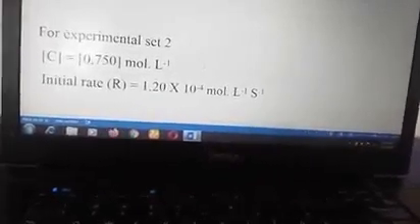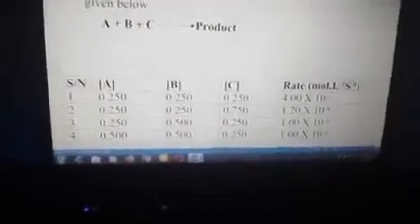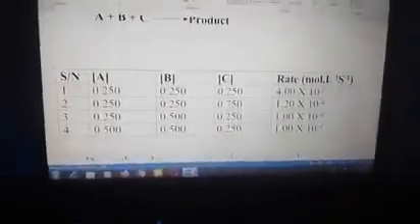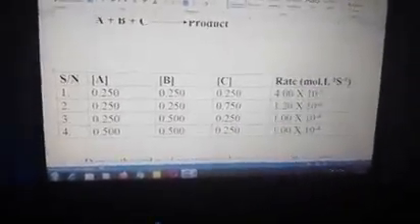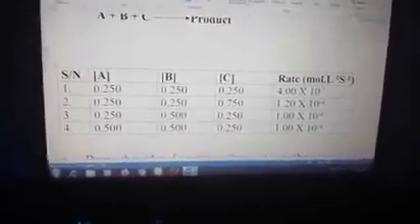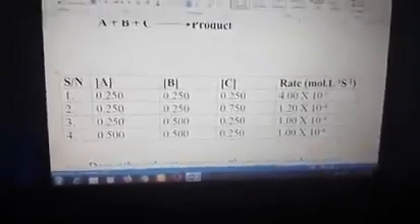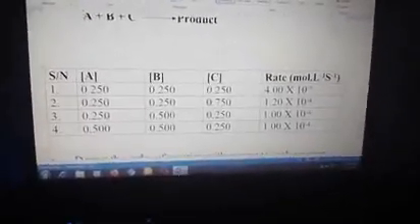So verify from the table as well. We'll now look at experimental data 2. We still see that A is constant at 0.250, B is constant at 0.250, while C is different at 0.750. And the rate is 1.2 times 10 to the power minus 4.